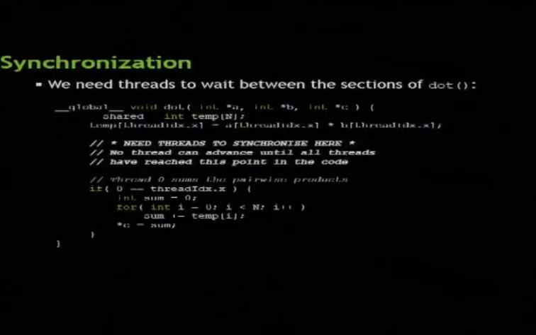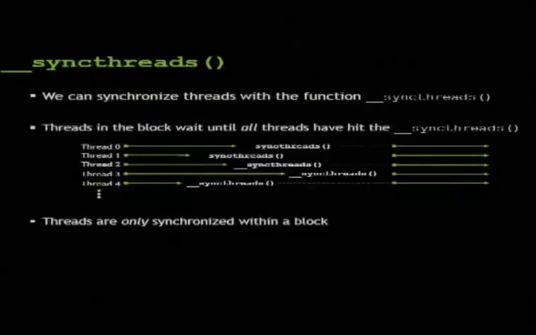If you look at it, the execution would look something like this. You'd have your threads executing, and when they hit sync threads, they would stop, and only the threads within that block are synchronized. So sync threads is all threads, it's not all blocks. Remember, there's not really any way to coordinate between blocks. You don't know what the order of evaluation is for those blocks.